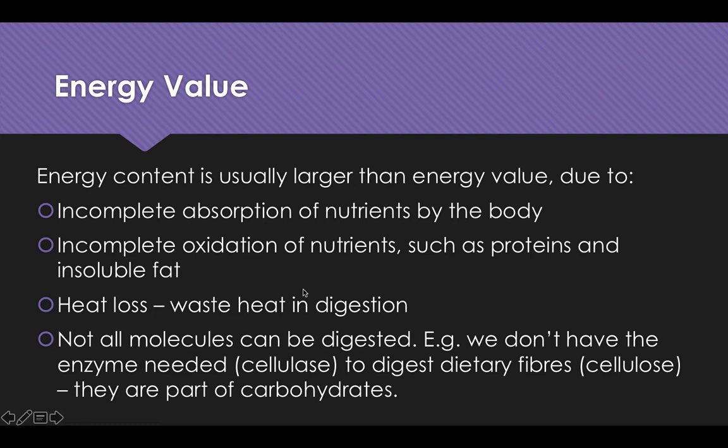Also, not all molecules can be digested. For example, vegetables actually do have a significant amount of energy. It's just that we can't really use it because we don't have the enzyme needed to digest dietary fibers. Some of those dietary fibers are also part of carbohydrates. So vegetables don't really give you much energy, but they do give you a lot of other nutrients.